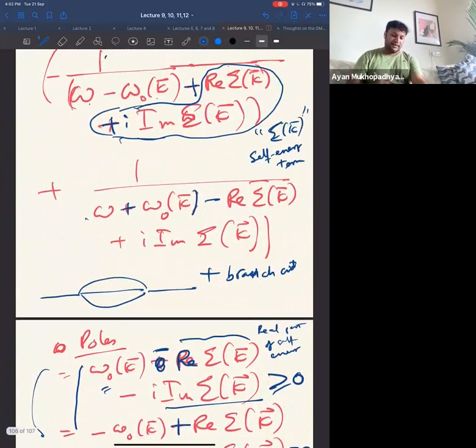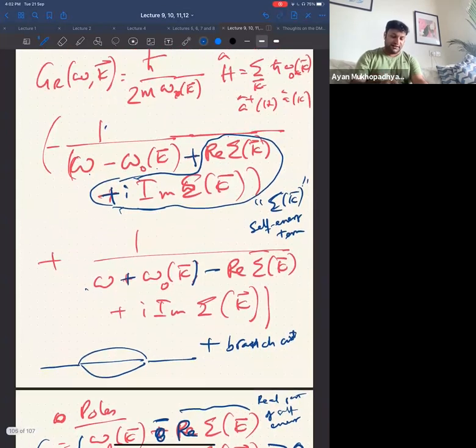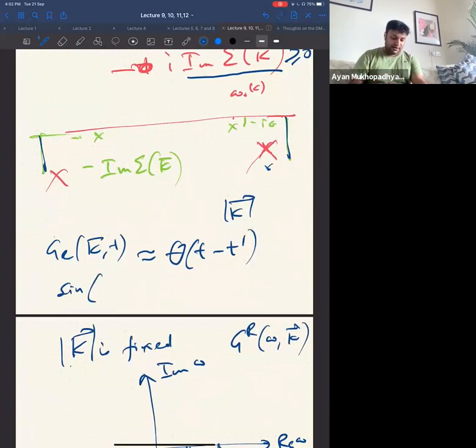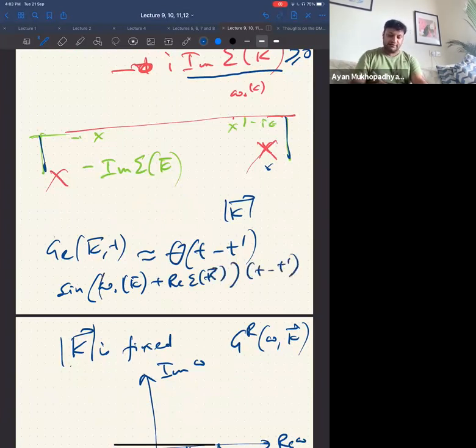It's basically the same structure, but instead of omega naught K, I also get a correction, real sigma K, times (T minus T prime). But there is also a damping correction, which comes from minus imaginary sigma K times (T minus T prime).